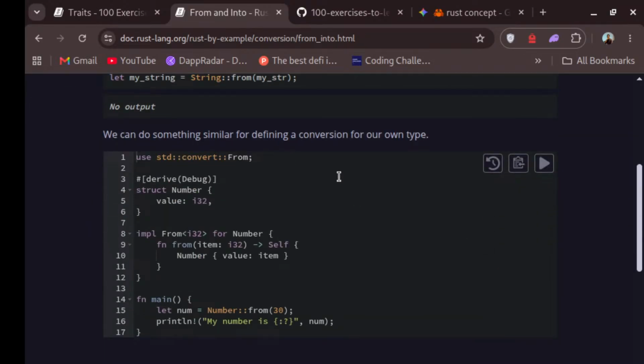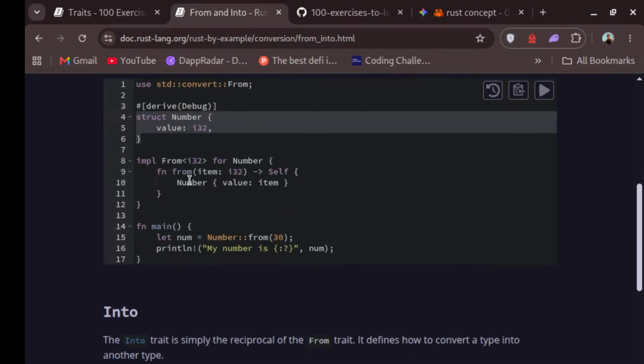Okay, we can do something similar, define a conversion for our own type. Struct Number, so implement From<i32> for Number. Okay, is it difficult?